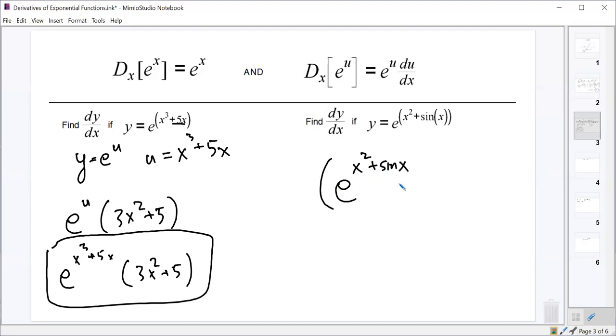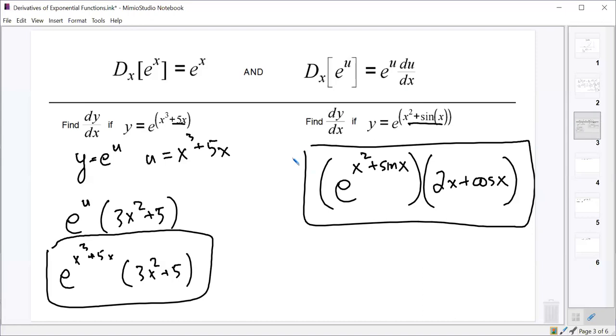And what do we need to multiply that by? 2x plus cosine x. We're going to multiply it by the derivative of that exponent, right? So e to the u, or e to the x squared plus sine x, times the derivative of u, the derivative of x squared plus sine x. Everybody good with that or no? Yep. All right.